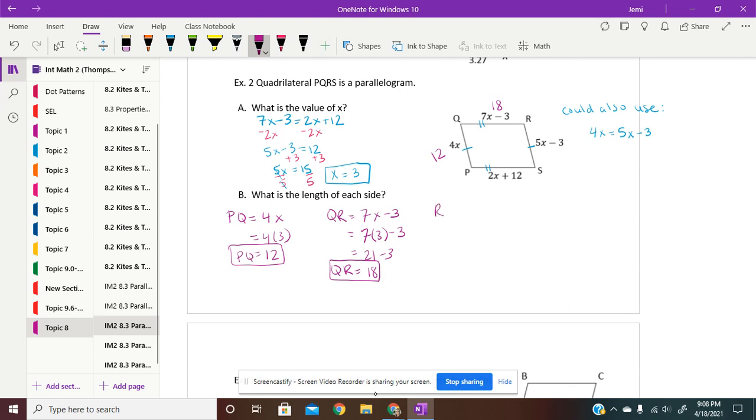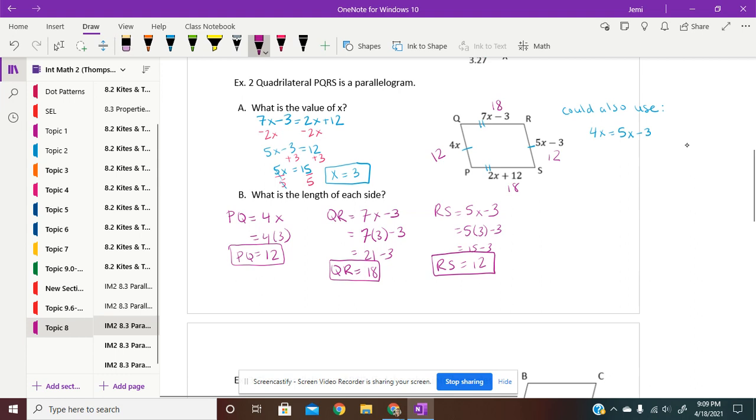You could go ahead and plug it in for the rest of the expressions. Or you might just recognize, well, if PQ is 12, then doesn't RS have to be 12 because opposite sides are congruent? Then you might recognize that if QR is 18, then SP must also be 18.